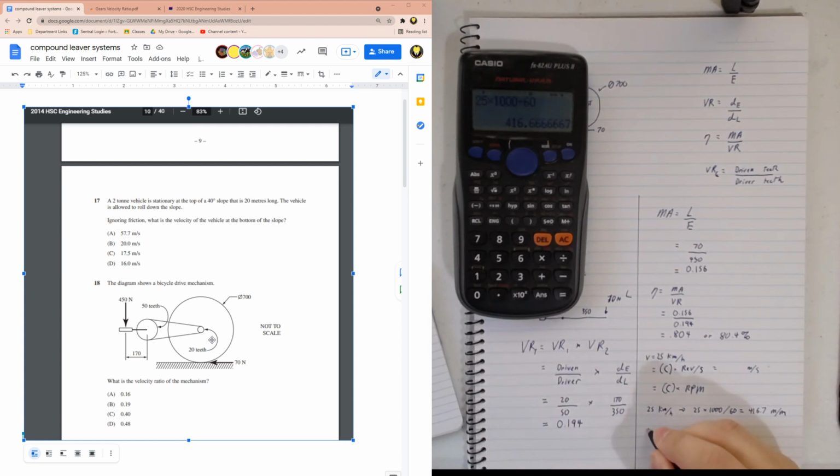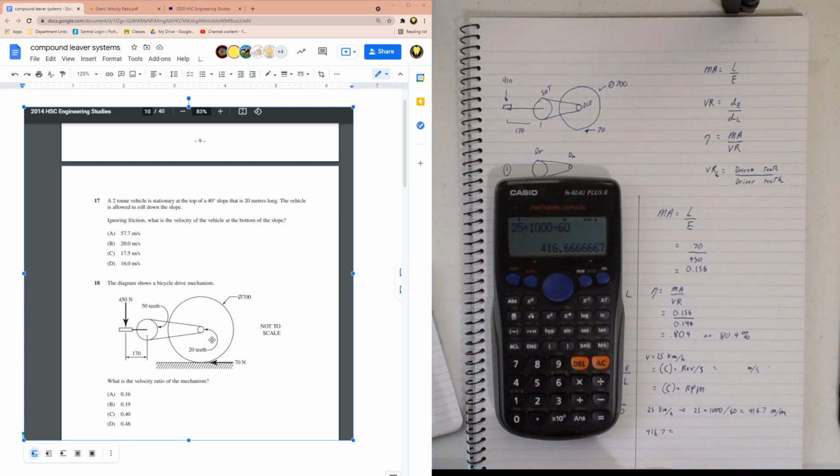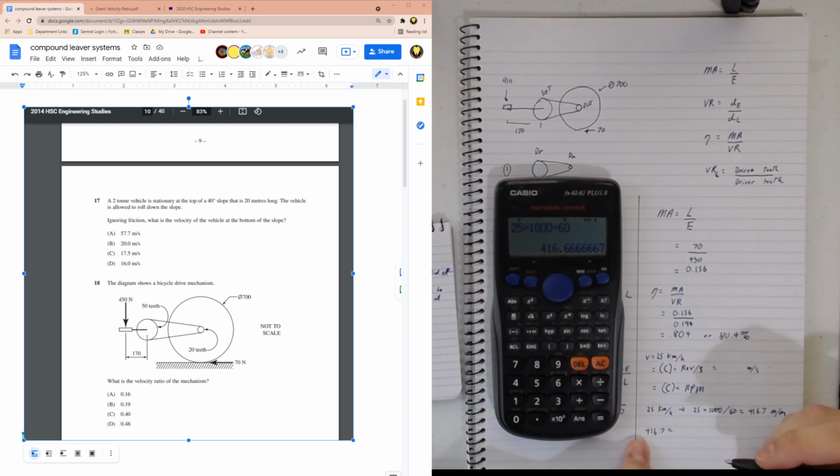We're going to get 416.7 equals our circumference. What is our circumference? Our circumference is just 2 pi r, or diameter times pi. So we have 416 for our velocity. Then we have our circumference, which is just going to be 0.700, because we have to put it in meters.